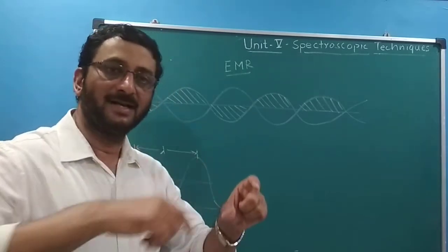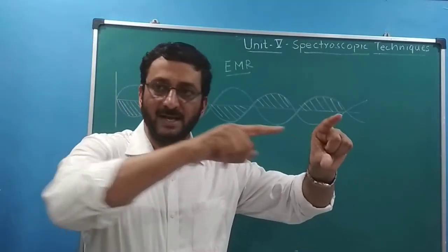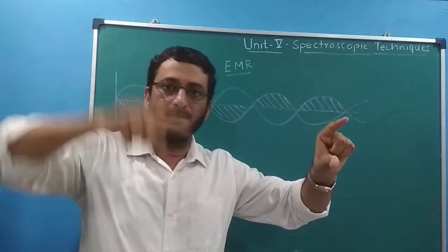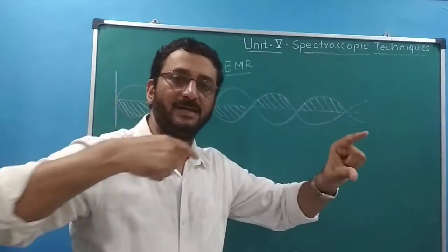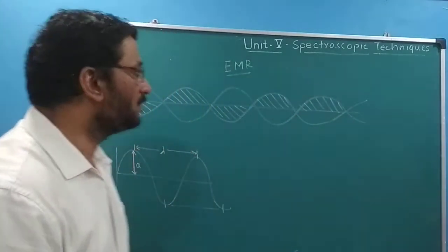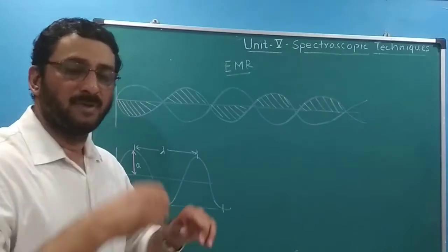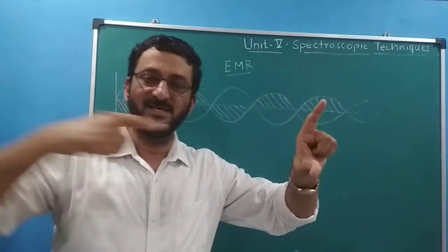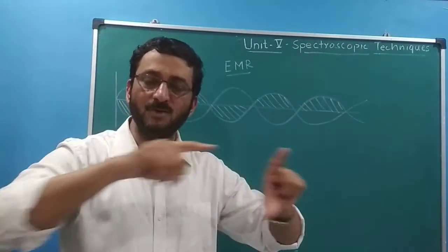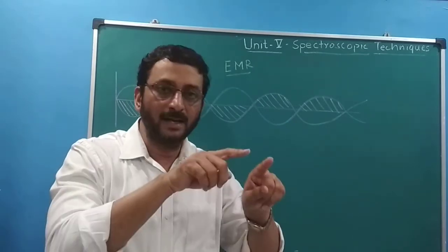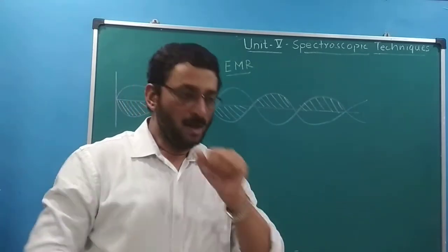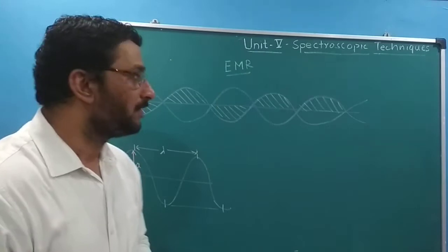One is the electrical component. Suppose this is the direction of propagation. This is the electric component moving like this, and this is the magnetic component. These two components oscillate in space perpendicular to each other, and both are perpendicular to the direction of propagation.